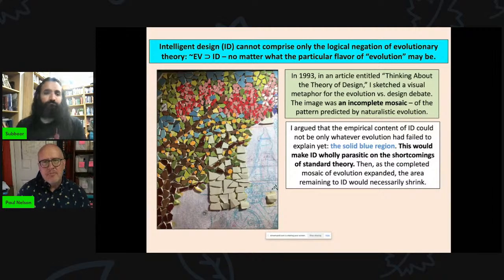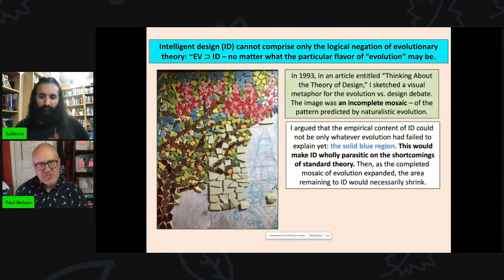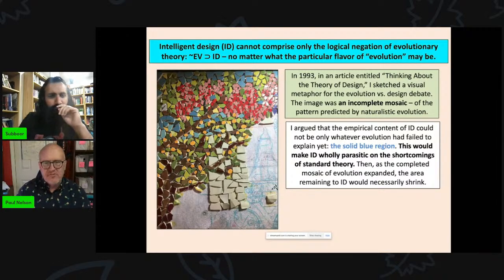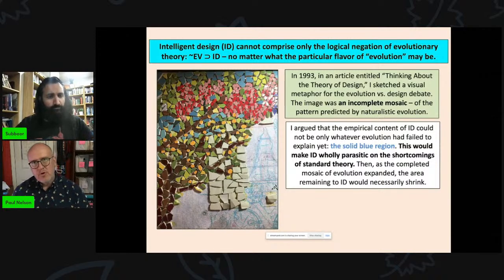And the image in the metaphor was that of an incomplete mosaic. So on the left here of the slide, you see a mosaic that's been partly finished. You have some branches of a tree there, leaves, and so forth. And I said in that article, the empirical content, that is what we say about the world from the perspective of design, couldn't be simply the open areas.